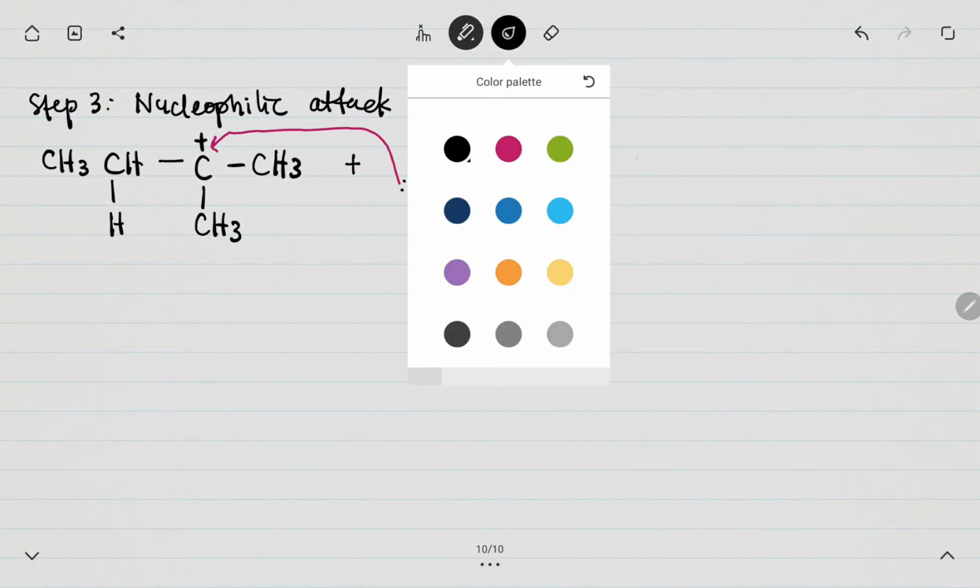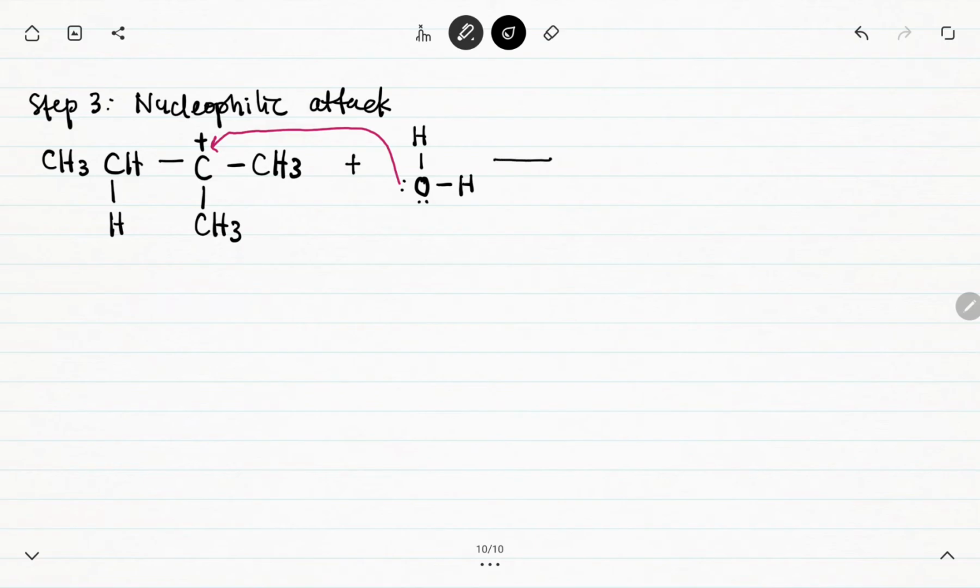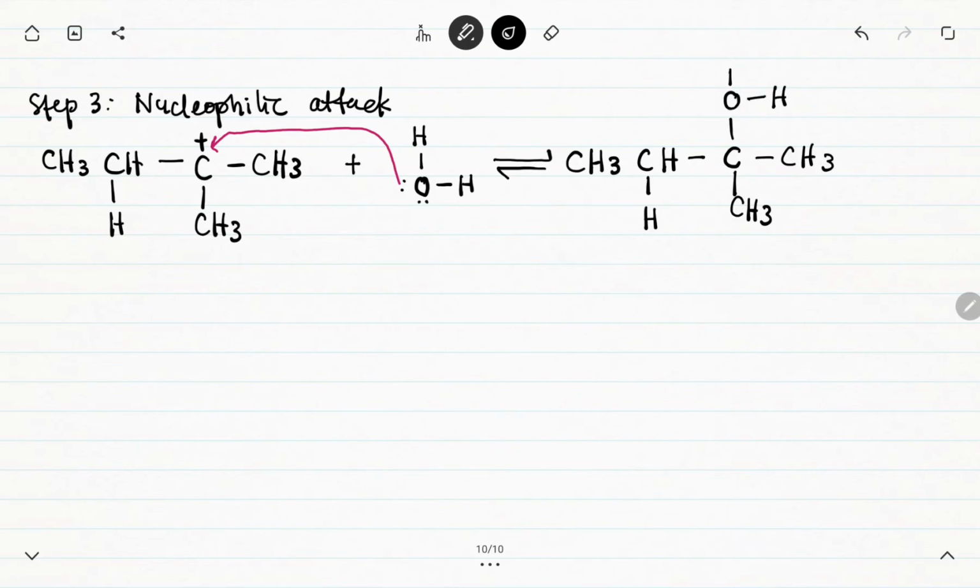So the product that can be formed is CH3, CH, this is the first hydrogen added, CH3, CH3, and the new part here is covalently bonded with the water molecule. So this hydrogen atom will become positively charged. We need the alcohol, but the water has come in.